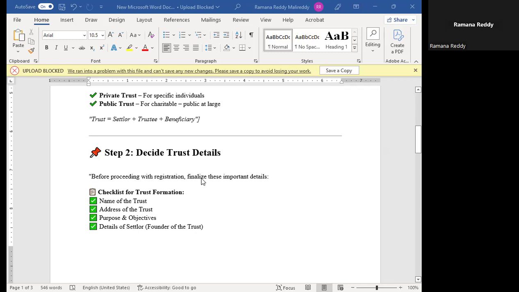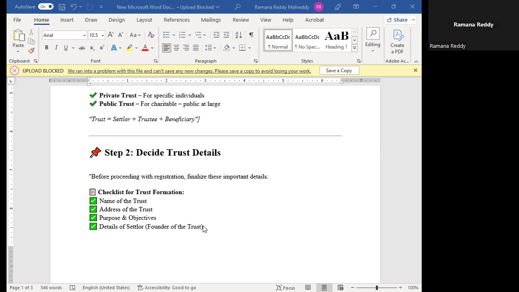Step 2, decide trust details. Before proceeding with registration, finalize the important details. I will explain the checklist. First, name of the trust. You finalize what would be the name of your trust. Then address of the trust, registered office address of the trust.